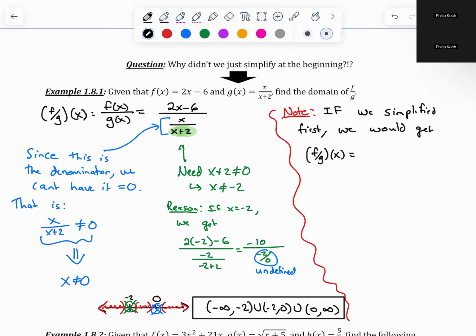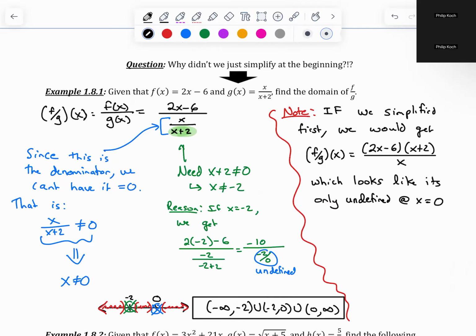And what we learn about dividing by fractions, you flip and multiply. So if you want to simplify this and make it look pretty, it would become 2x minus 6 up top times x plus 2, all divided by x, which looks like it's only undefined at x equals 0.